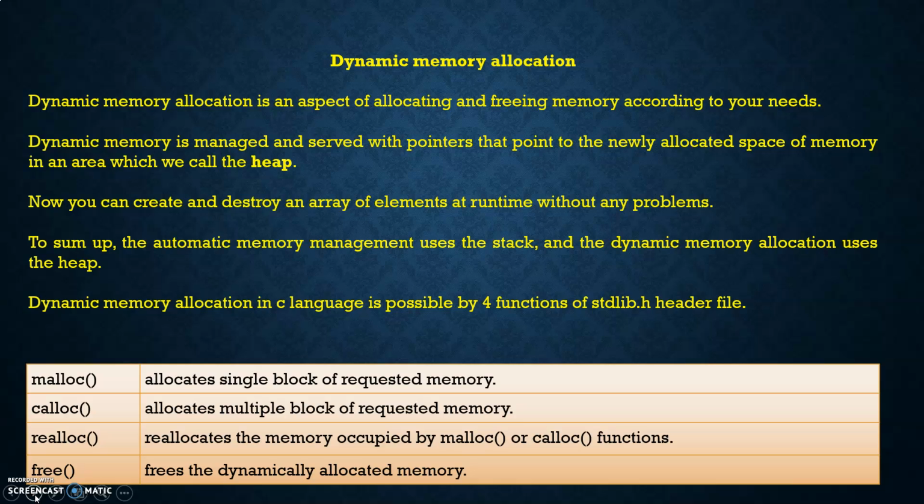So take an example: you are going to a marriage ceremony, and you have gone to the counters to take some food. Previously you don't have any idea what the menu items are, right?